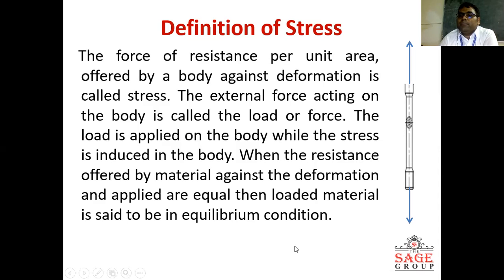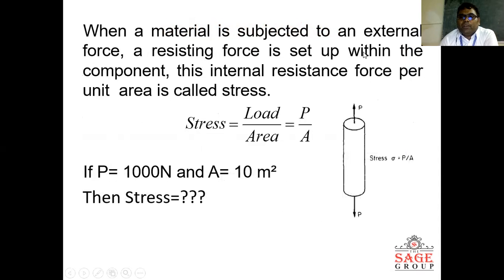That's why we can say P upon A. Let's see in the next slide. So this is the load applied, and this is also the internal resistance developed in this particular material till the equilibrium. Both applied force and resistance developed in the material are equal, so we can directly write load upon area.